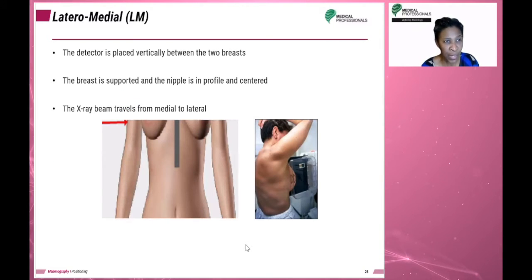So the lateral-medial is a projection where the direction of travel of the beam is from the lateral aspect of the breast to the medial aspect. It places the detector vertically between the two breasts. This projection is very good when you want to really see a medial lesion. It's also good when you're imaging, for example, a non-conforming patient.